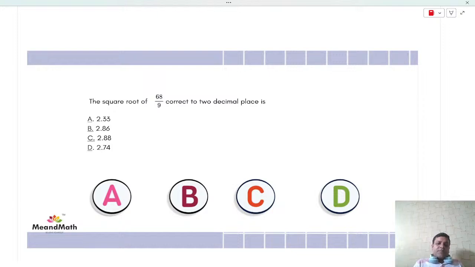There are two methods possible. First, you can find the square root of 68 and 9 separately, then divide. And the second method, first solve 68 upon 9, then find the square root of the answer.